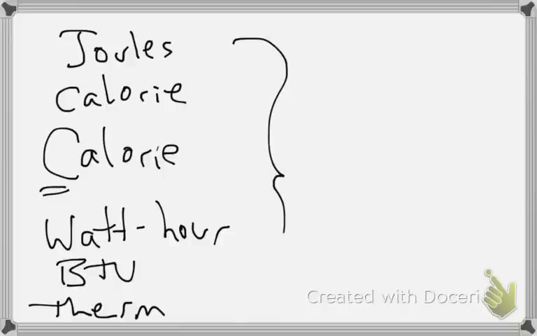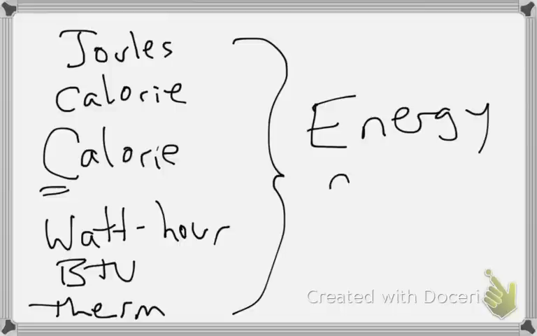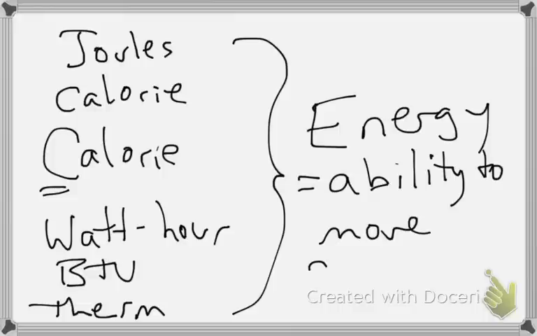All of these are measuring the same thing. They're all measuring energy, which is the ability to move something. As we get into exploring how much energy is stored in different fuels, we're going to just remember, whatever the unit is, we're just measuring how much energy is stored in the chemical bonds. When we break them apart, how much can we move something?